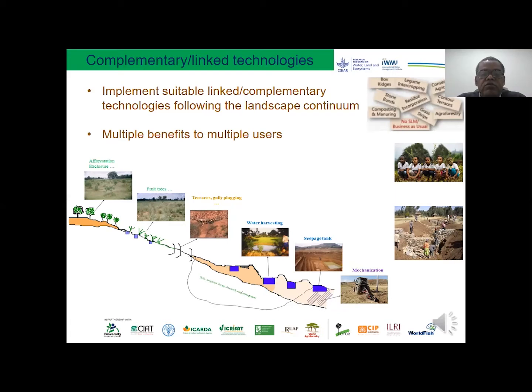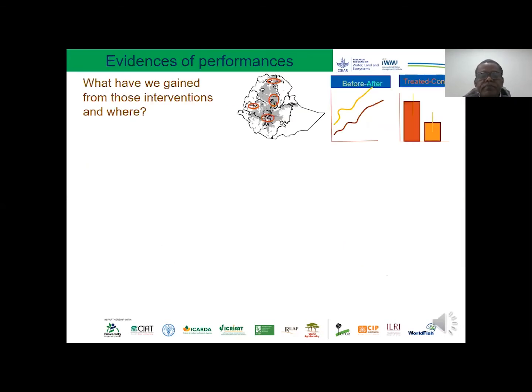This is what we have been doing. And our experience shows that this kind of intervention has more significant impact and even reduces conflict between upslope and downslope users.